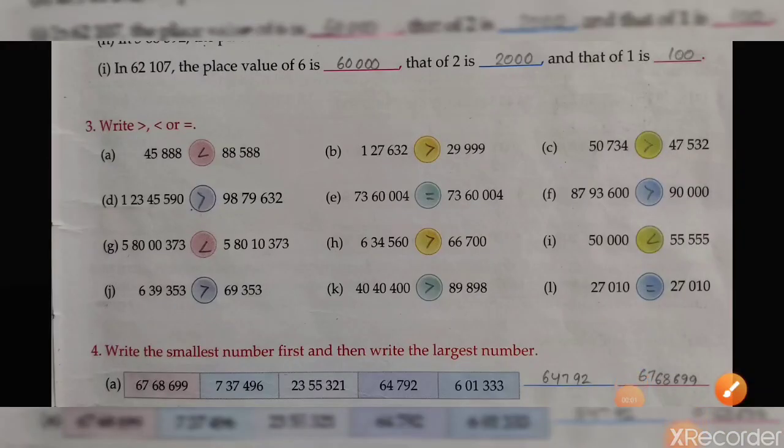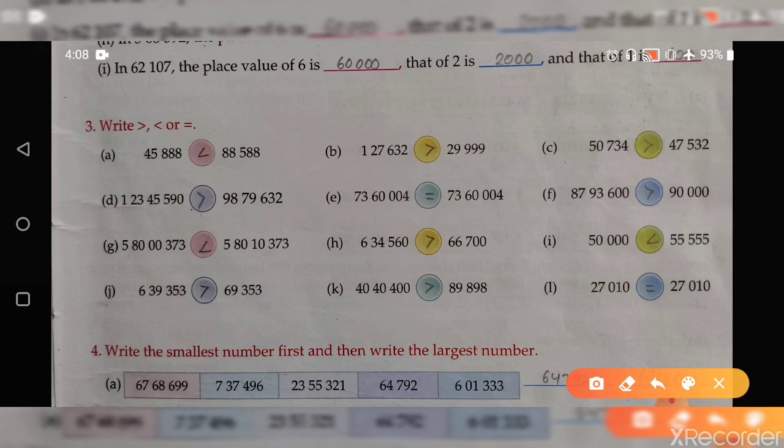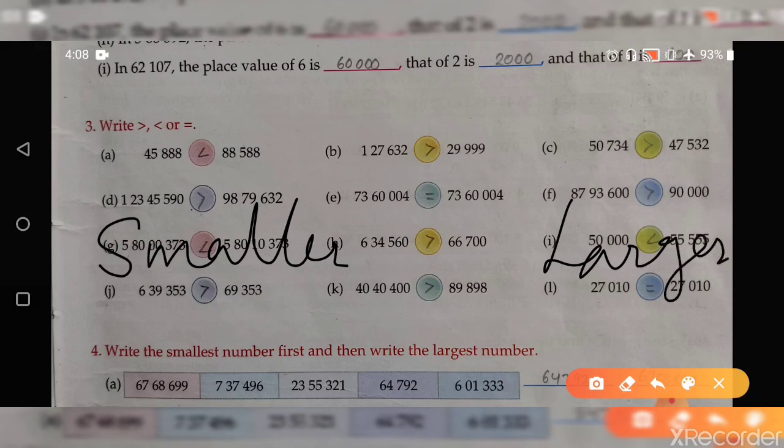Coming to the next question, that is put the sign. This is easy, I believe. First one is 45,888 and 88,588. So in put the sign, what do we do? If the smaller number is here and the larger number is here, we'll put this sign at the smaller number.